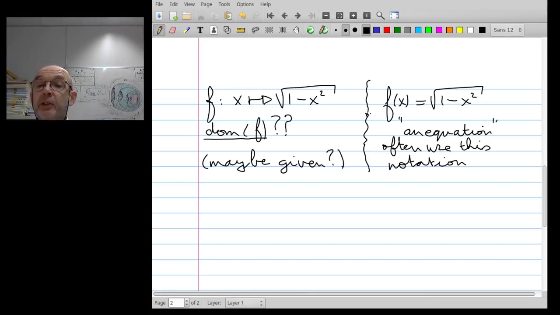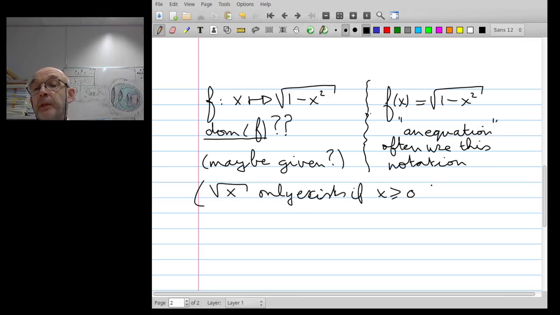If it is not given, then you have to search for it yourself. Now, what do we know? You have the square root, and it only exists if what you fill in is greater or equal to 0.